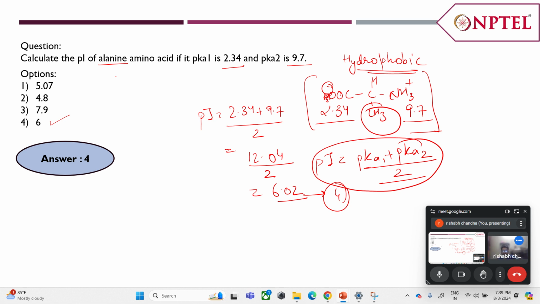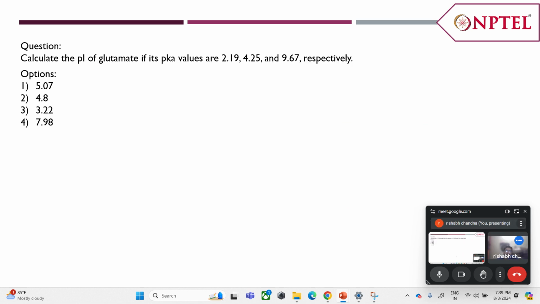Does everybody understand the question and how to solve it? Okay, so moving on to the next question. What will be the pI of glutamate? Here the pK values of all the three charged groups are present.